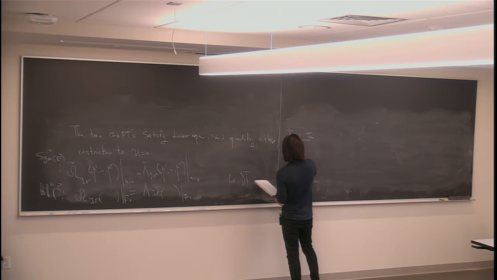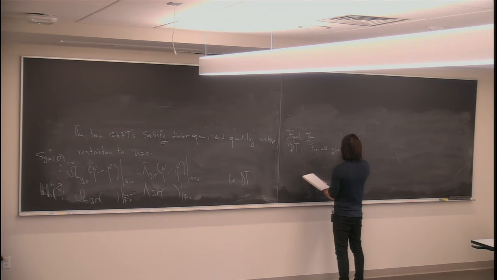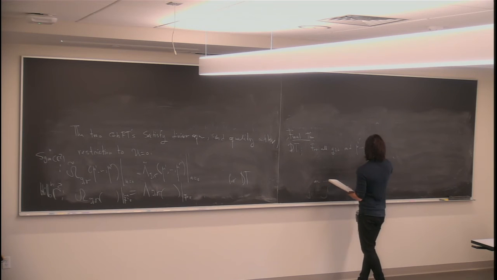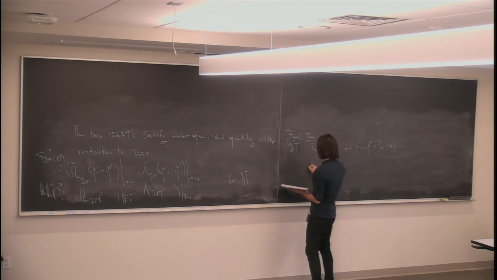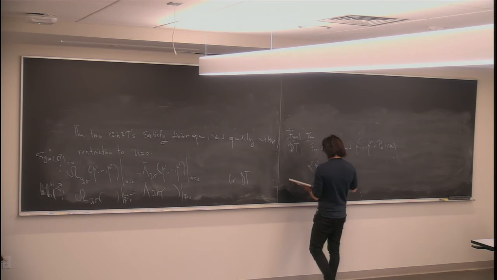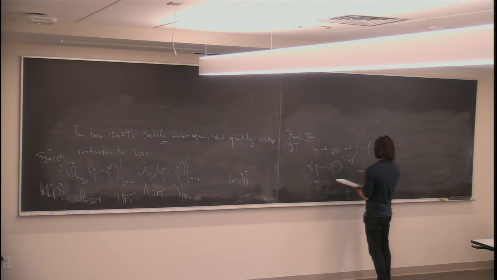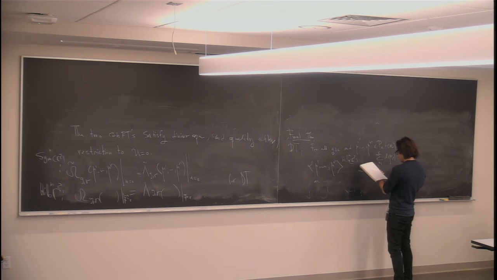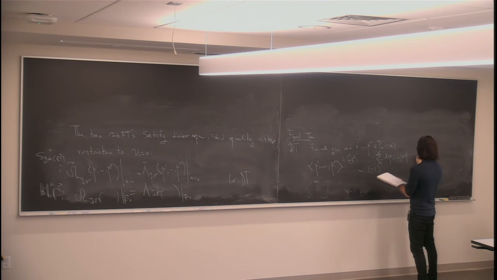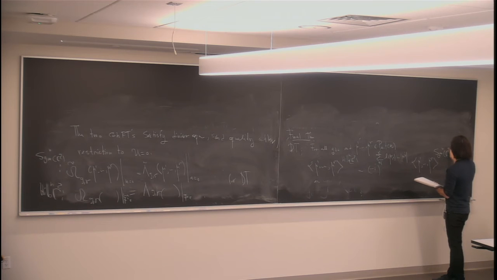This is again due to Pandharipande and Tseng, which is for all g bigger than or equal to 0 and mu 1 to mu r partitions of n, they show that mu 1 to mu r of Hilbert of C2 matches with (-i)^(the sum over i from 1 to r of length of mu i minus cardinality of mu i) times mu 1 to mu r of Sym n of C2 genus g, after variable change.